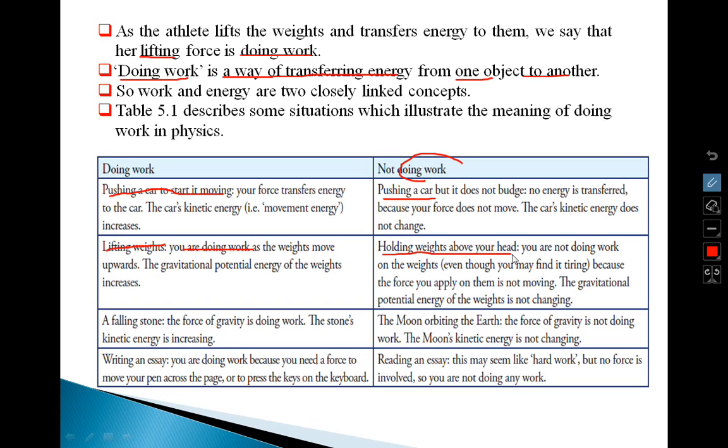Holding weights above your head, you are not doing any work. These are some examples from everyday life. A falling stone is doing work, while the moon orbiting the earth is not doing work. So there are different examples of doing and not doing work.